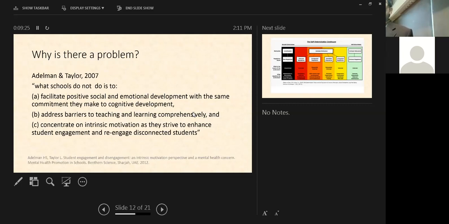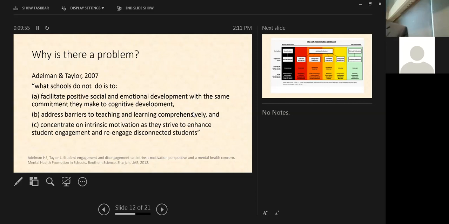That means they focus more time on knowledge and teaching, and not on personality development, not on motivation, not on behavior. They inadequately address barriers to teaching and learning comprehensively, and do not concentrate on intrinsic motivation as they strive to enhance student engagement and re-engage disconnected students.